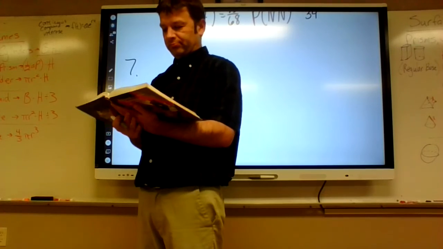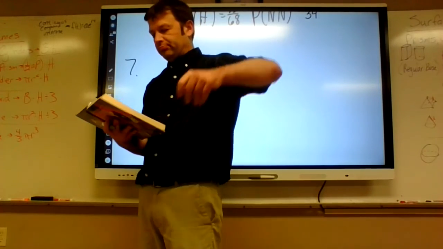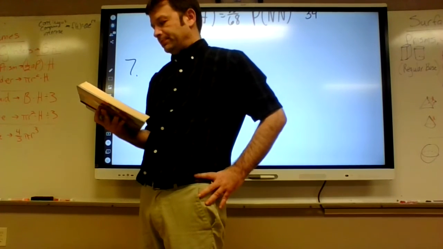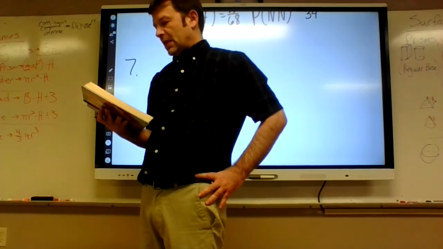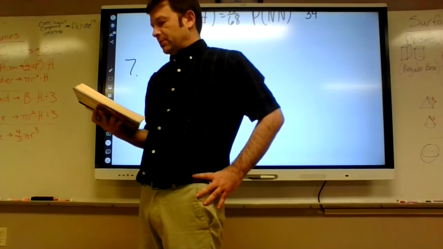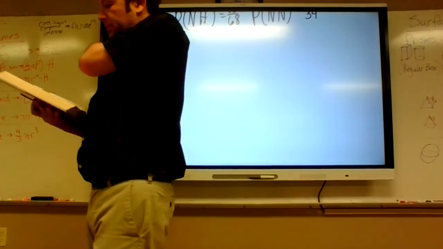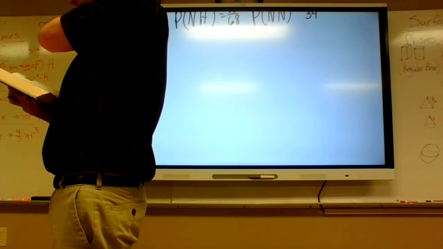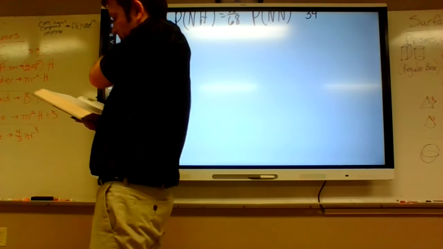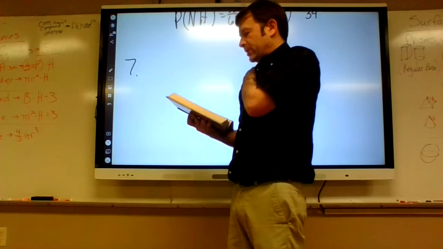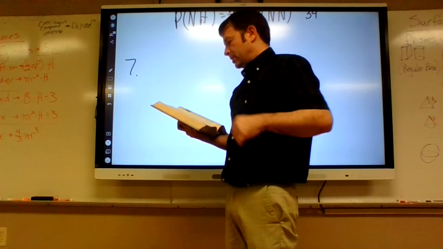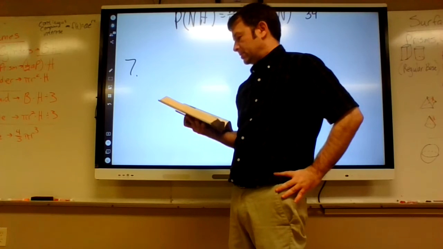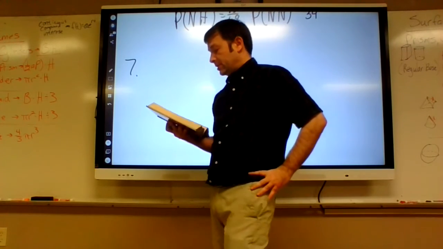The second one, a diamond, could be a red card. Show that the events red card and diamond are not independent.